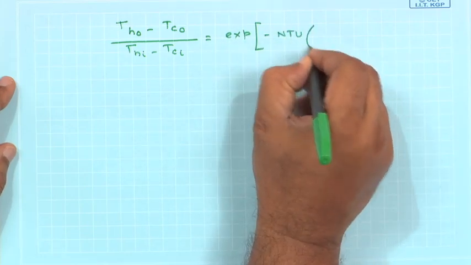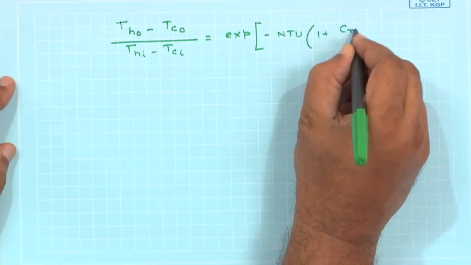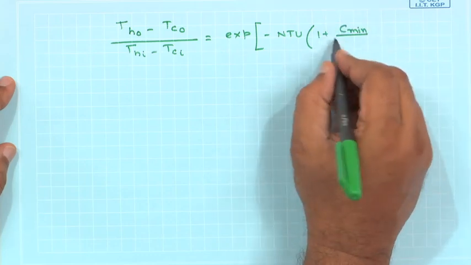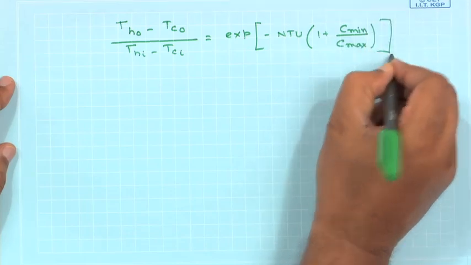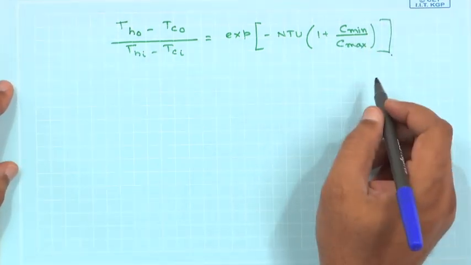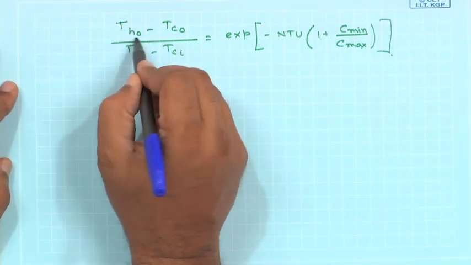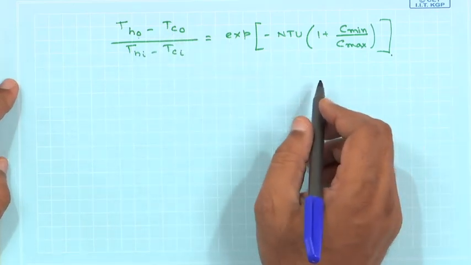That is the starting point of the exercise in today's class. So, we will start with this and try to get rid of the outlet temperatures.